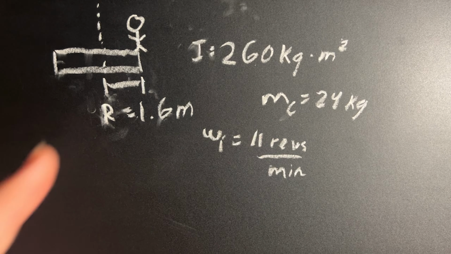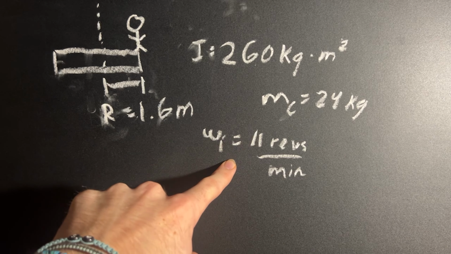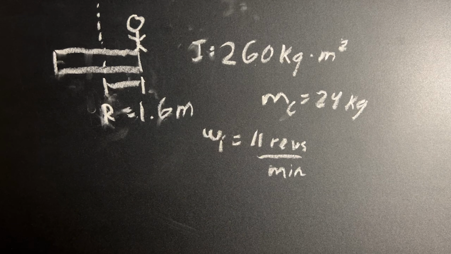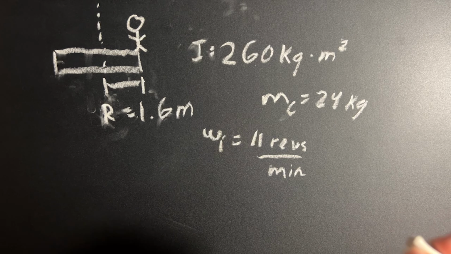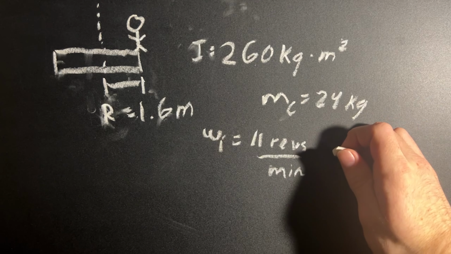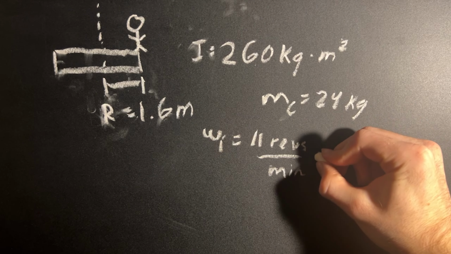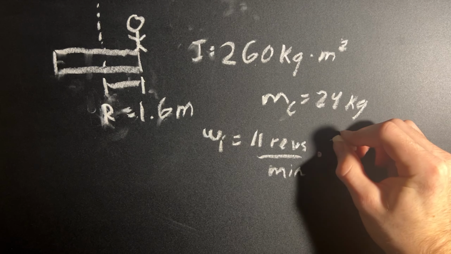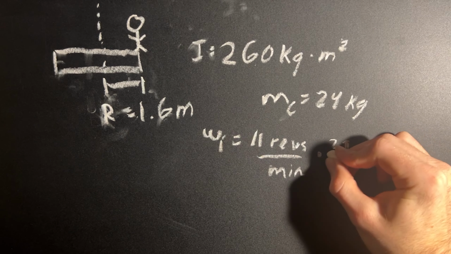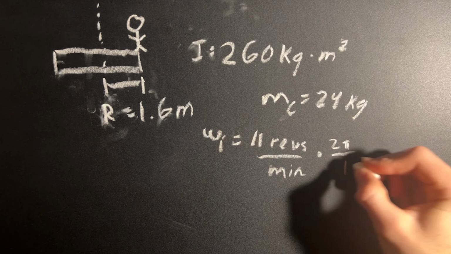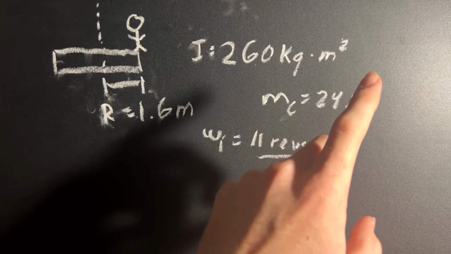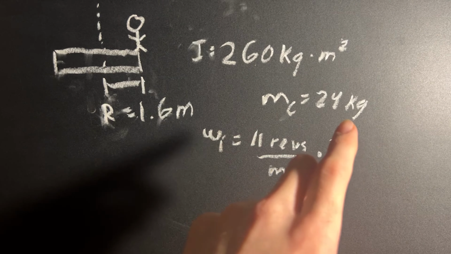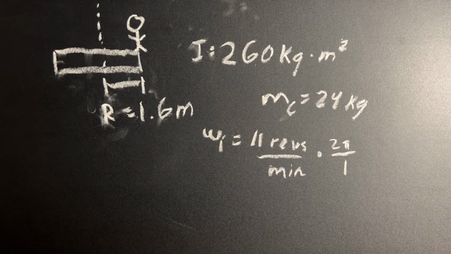So firstly, we're going to take the initial angular velocity and we need to convert it to radians per second. All you have to do here, we're in revs per minute, so you multiply by 2 pi radians over 1 rev, there's 2 pi radians in 1 revolution.